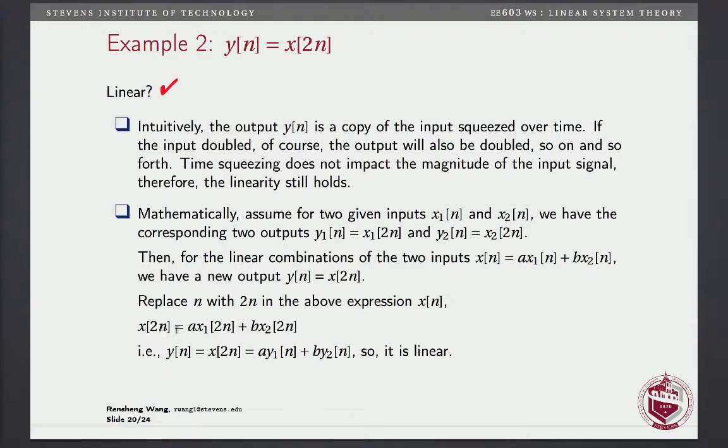Then you get x(2n) equals a x1(2n) plus b x2(2n), right? From this formula to this formula, we just replace n with 2n. So y(n) equals x(2n) equals a y1 plus b y2. So the linearly combined input gets the same linearly combined output. This is a linear system.